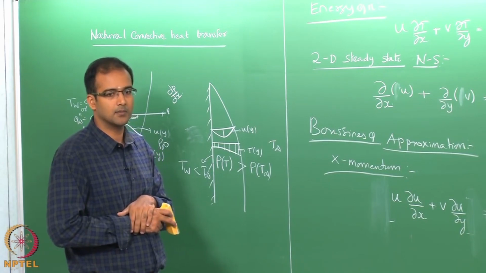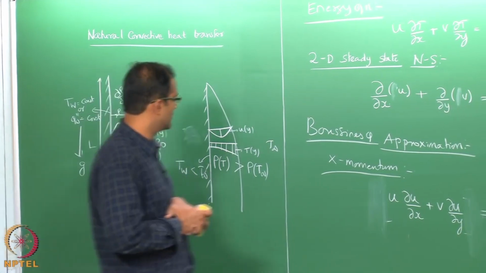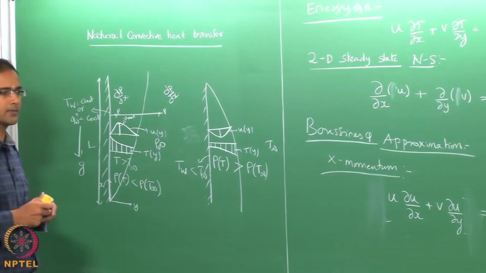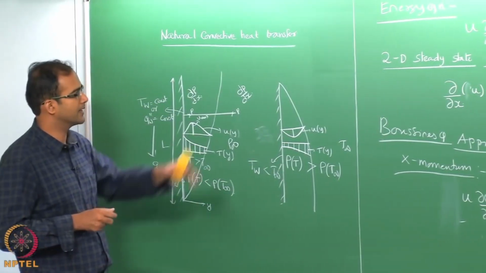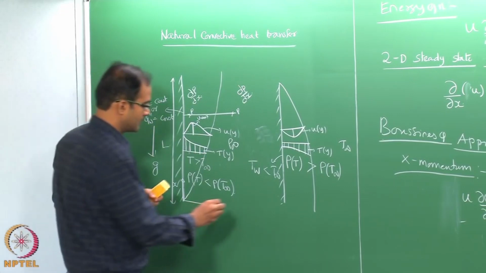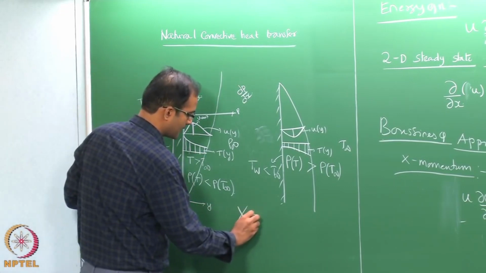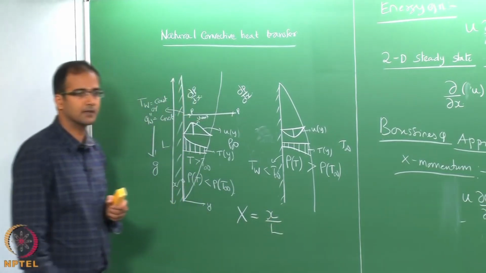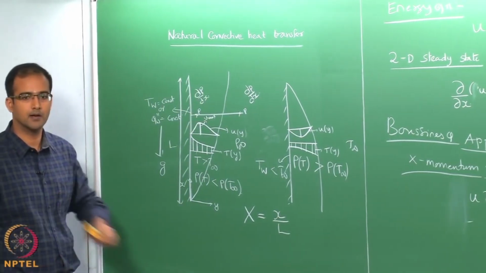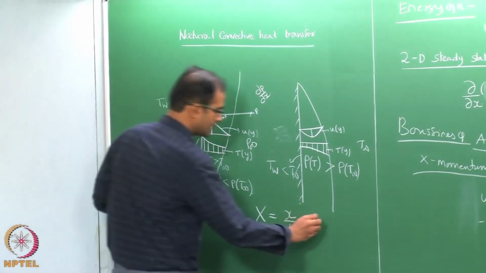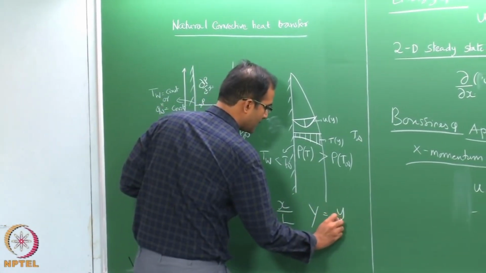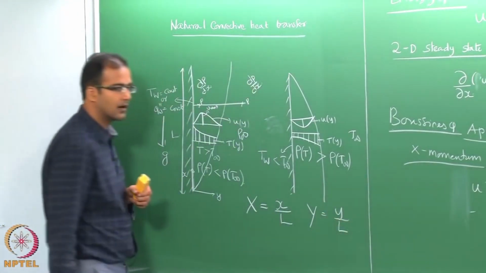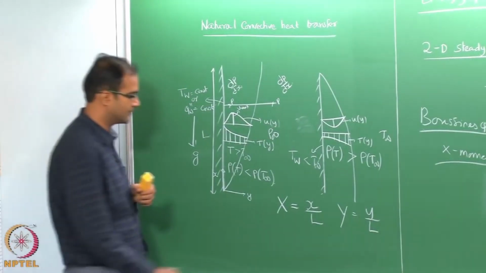So, I request all of you to scale all the variables here. That means you take your position x and scale it with the length of the plate, this will be your non-dimensional x, similarly your non-dimensional y. And how do you scale velocity here?